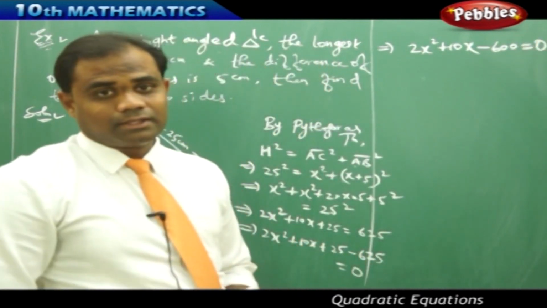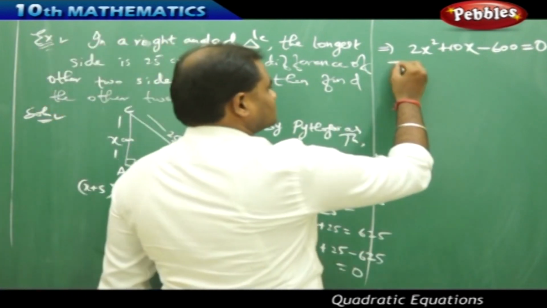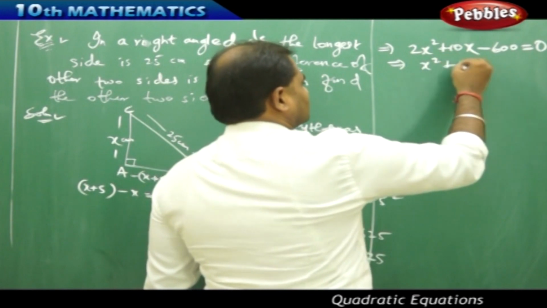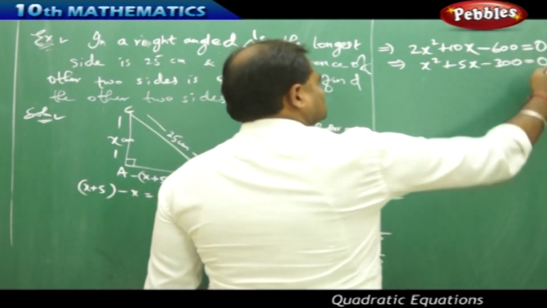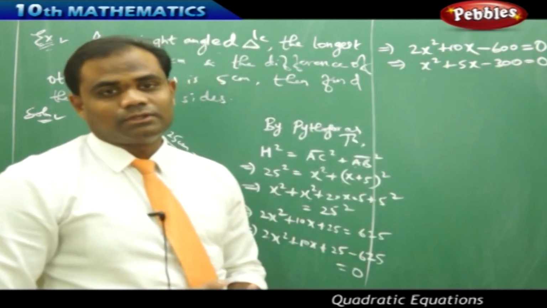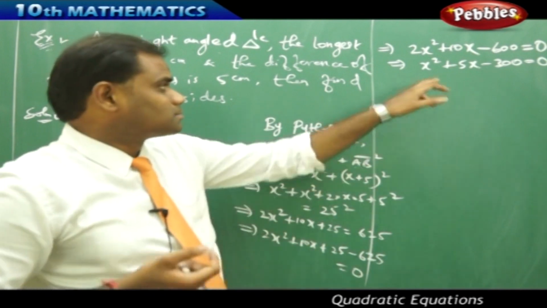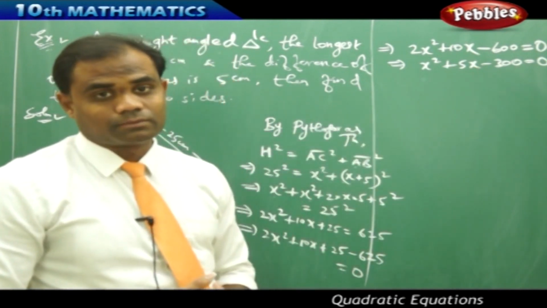I can further simplify this by taking 2 common. Therefore, I get x square plus 5x minus 300, obtained by dividing each of the terms by 2. The whole equation divided by 2 gives me x square plus 5x minus 300 equal to 0.